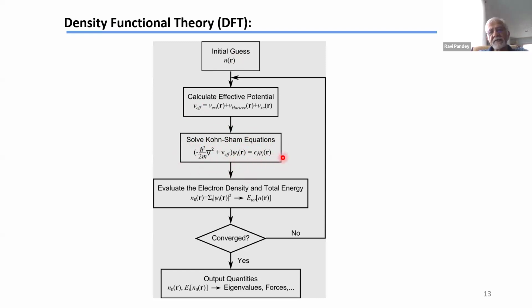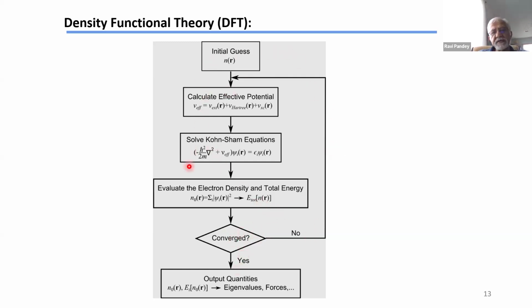Once we solve it, we evaluate the electron density and total energy of the system, where the total energy, if you remember, is the expectation value of the Hamiltonian with respect to the wave function. We have a criterion: if the total energy is within that very, very small criterion, then we say the calculation is converged. If not, it goes through the cycle again.